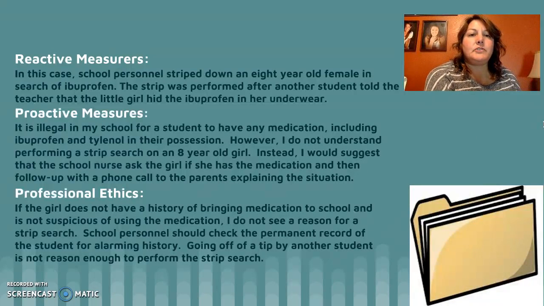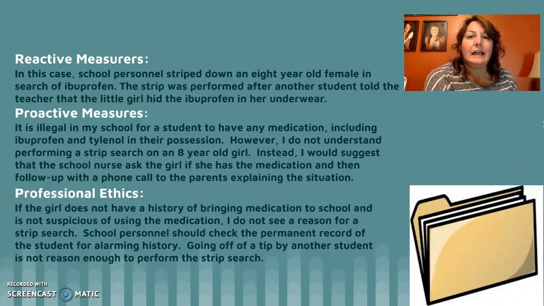So reactive measures: the school personnel stripped down an 8-year-old female in search of ibuprofen. The strip search was performed just after another student had tattled that she had ibuprofen in her underwear. Proactive measures: it is illegal in my school for a student to have any medication, including ibuprofen, Tylenol, and that sort of thing.